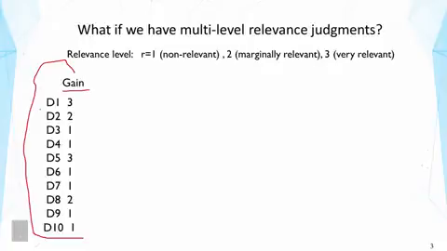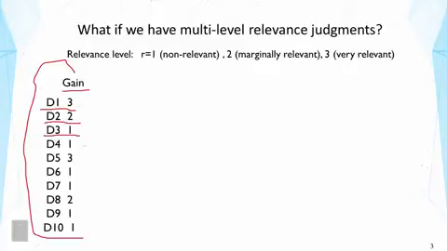Right? So looking at the first document, the user can gain 3 points. Looking at the non-relevant document, the user would only gain 1 point. Looking at the marginally relevant document, the user would get 2 points, etc. So this gain intuitively measures the utility of a document from a user's perspective.